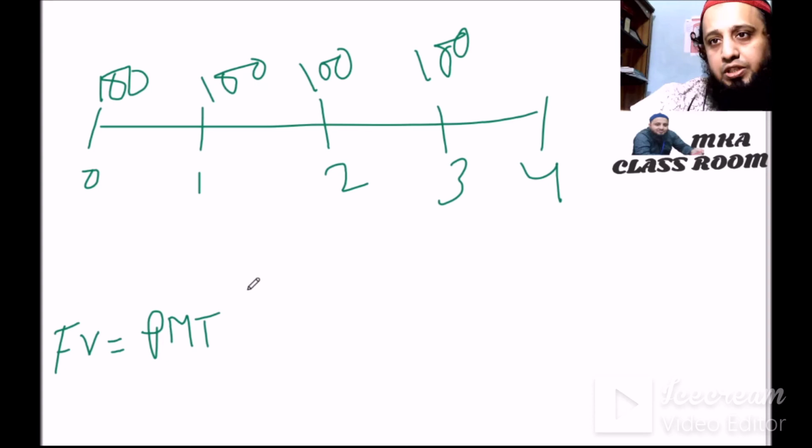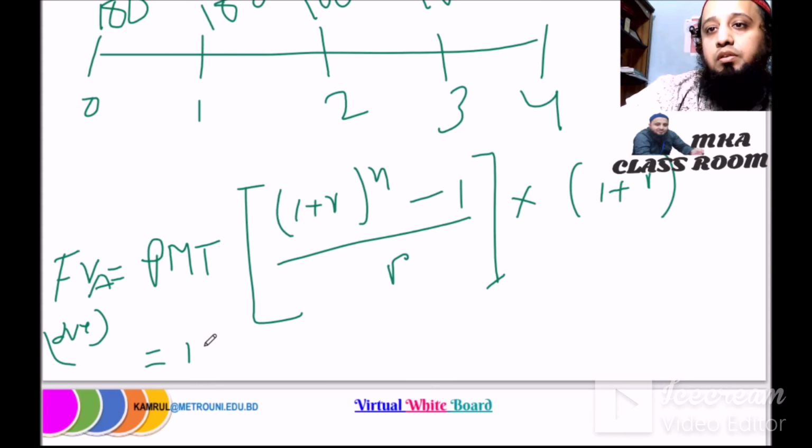Annuity due. Then we can use 1 plus 0.1 power 4 minus 1 divided by 0.10, times 1 plus 0.1.